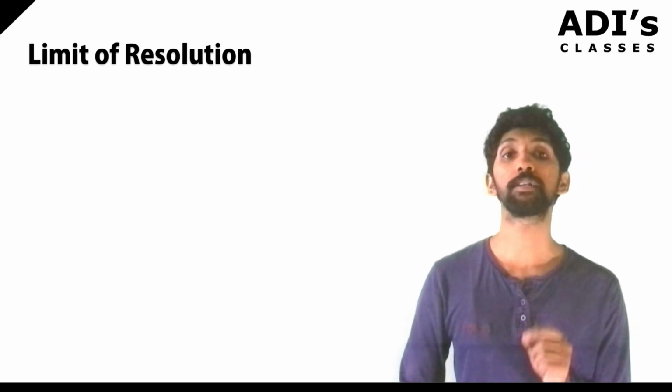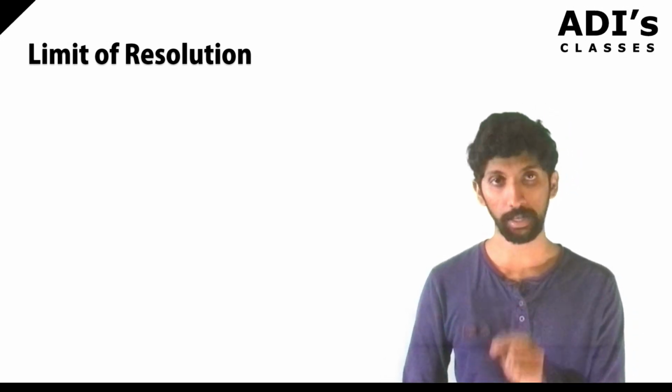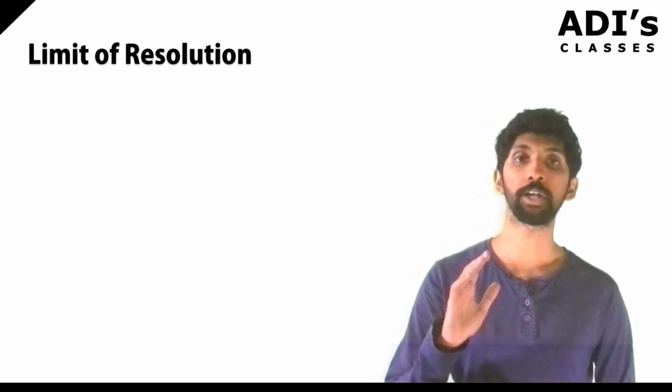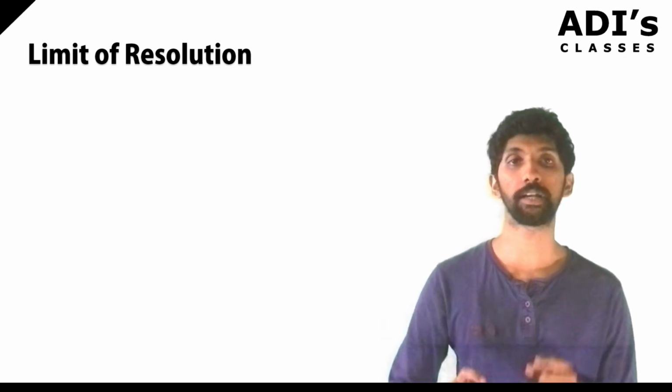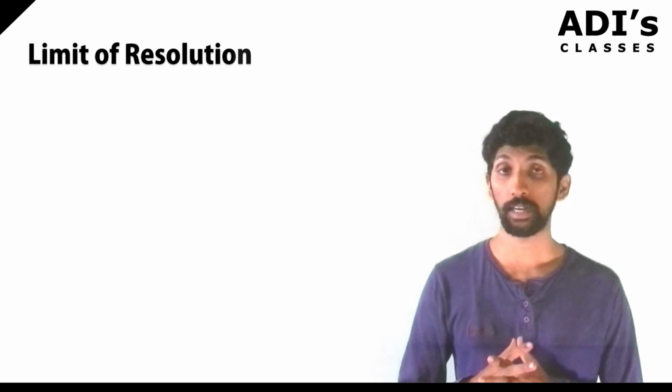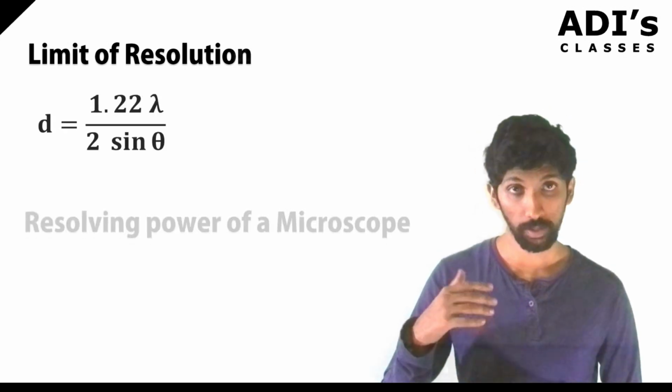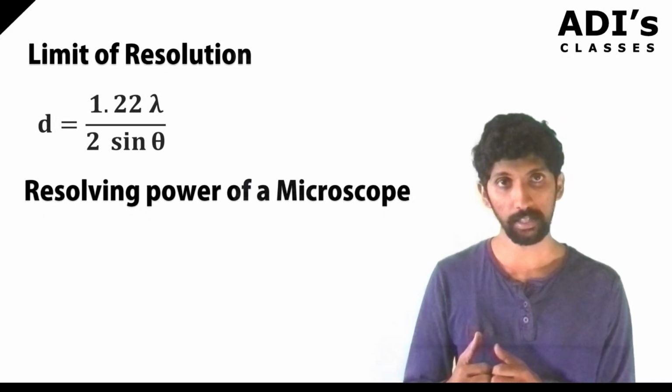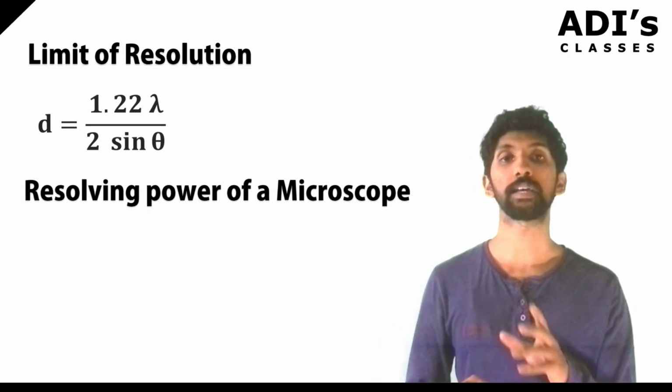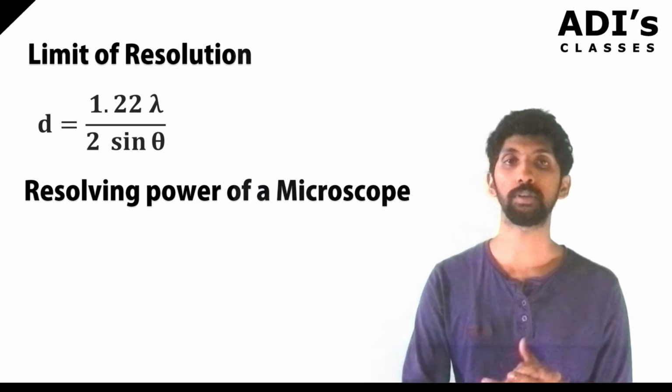The limit of resolution for a microscope was 1.22 lambda divided by 2 mu sine theta, so the resolving power is 1 over d equal to 2 mu sine theta divided by 1.22 lambda.